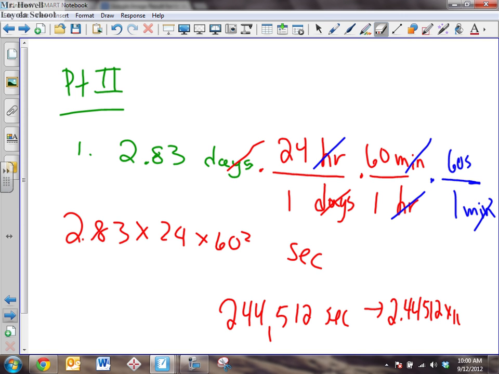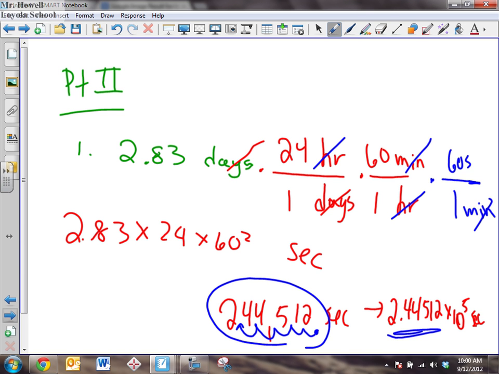But don't you only do it with zeros? Well, I asked them to convert to scientific notation, so take a look. You start here. Where's the decimal? Right here. 1, 2, 3, 4, 5 spots. I remember this number is small over here, and it's becoming a much larger number going backwards, thus there's a positive there.